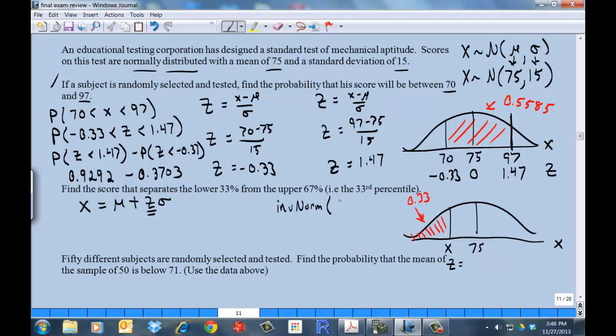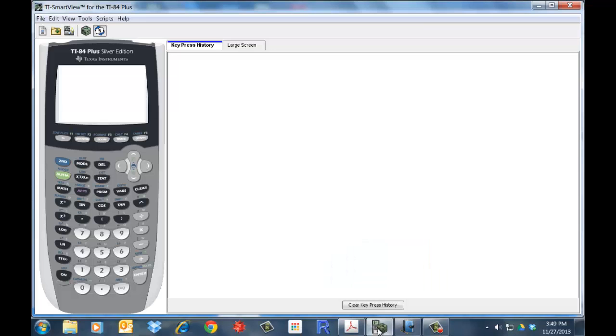And the argument here is the area left, and then the mean and standard deviation, which would be 0 and 1. So this is going to be area left is 0.33, 0, 1, mean and standard deviation. So let's type this into the calculator and see what we get for the z-score.